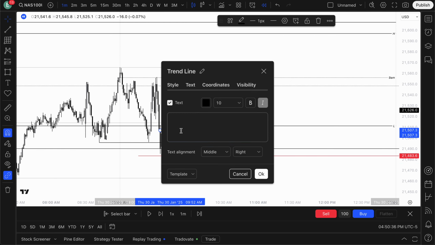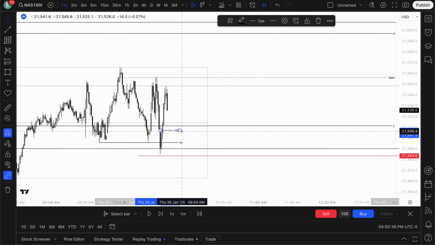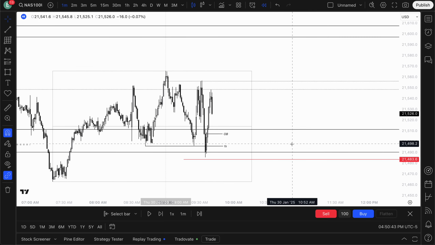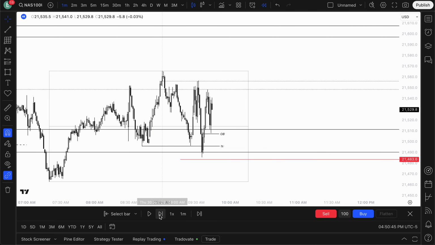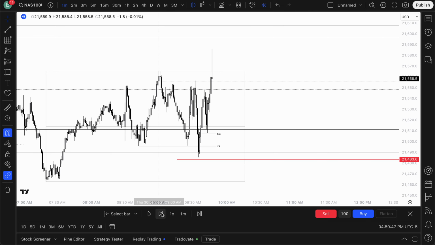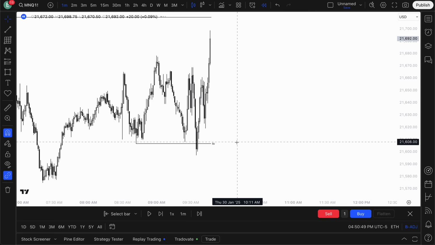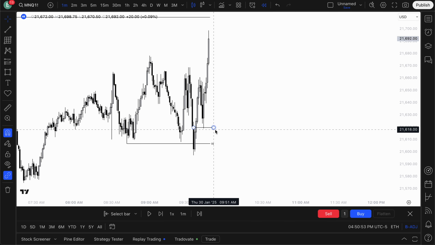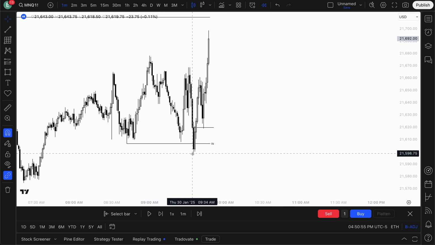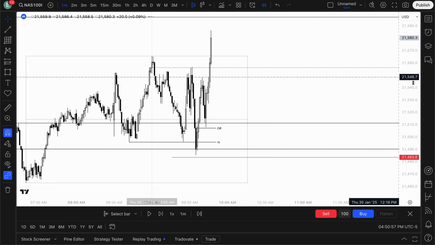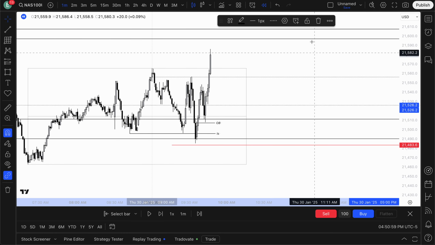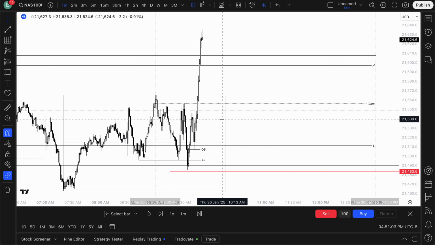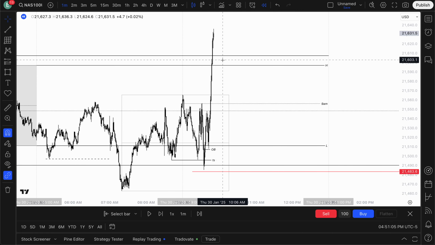So if you miss the turtle soup, your second entry could have been right here at the 1 minute order block. Order block gets hit. Well, it got hit on NQ, you can see, because this is what we're trading. Bam, there's your order block candle. And then we ran instantly to the target and then tapped into the new week opening gap.